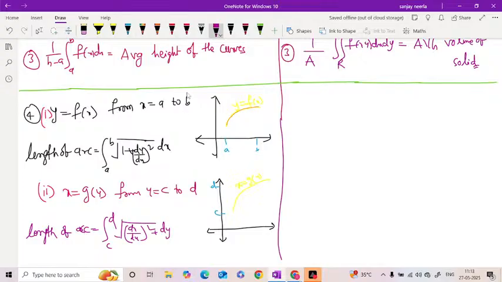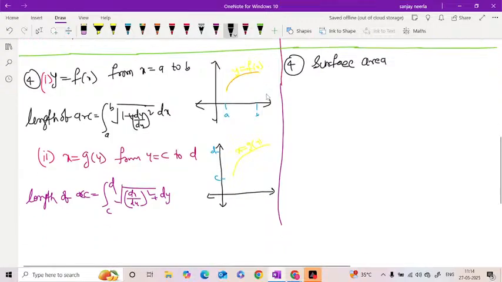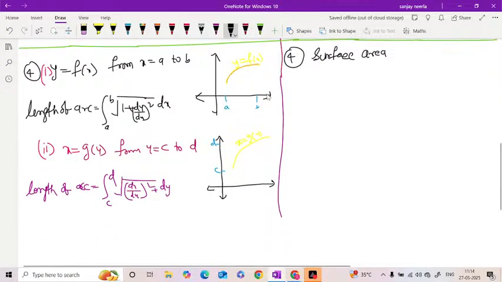Now come to the double integral. Here we have the same type of idea, but previously we got the length of the arc, and here we get the surface area. Again we have three varieties.